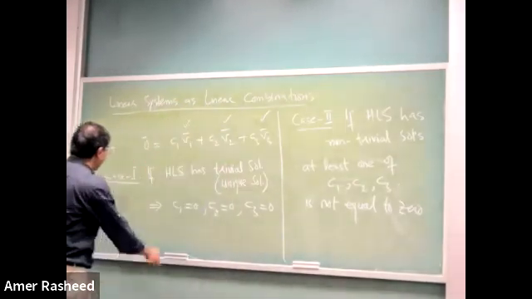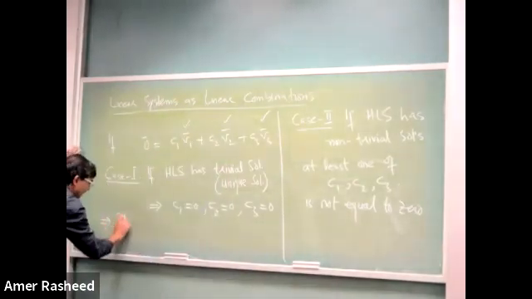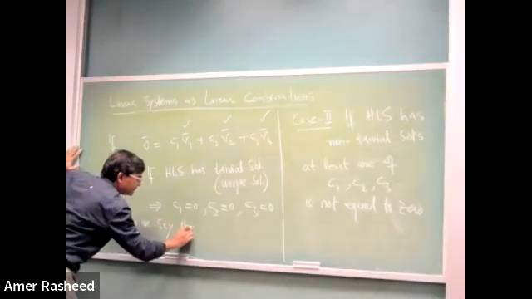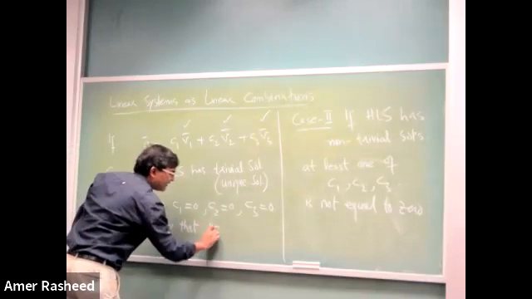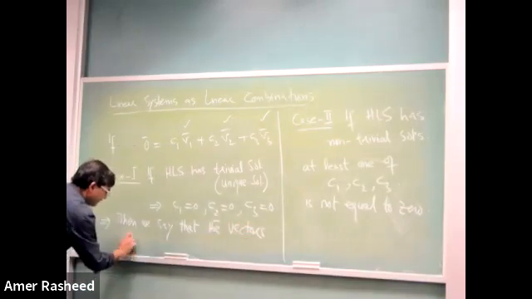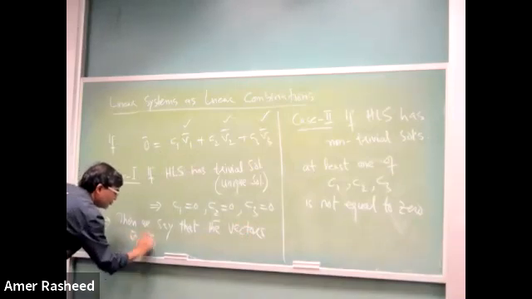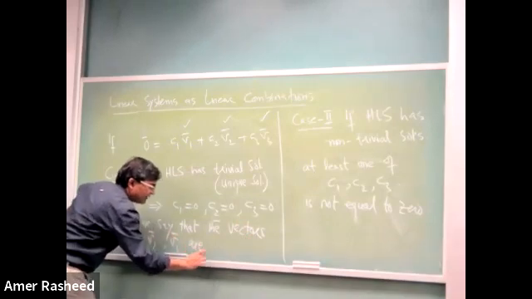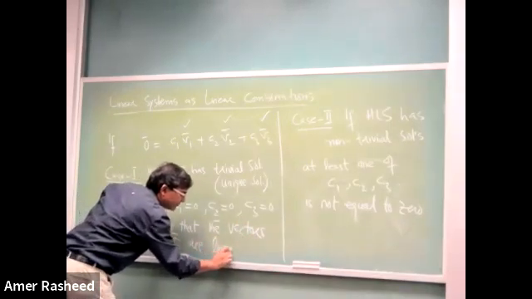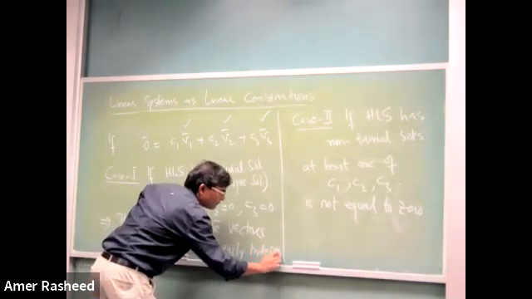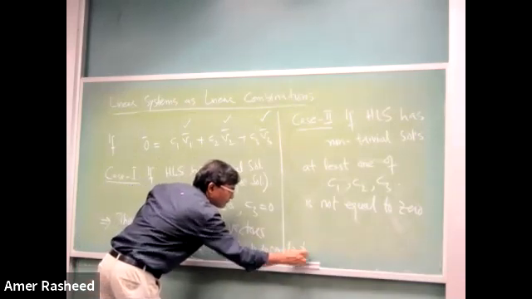Then we say that the vectors v1, v2, v3 are linearly independent.